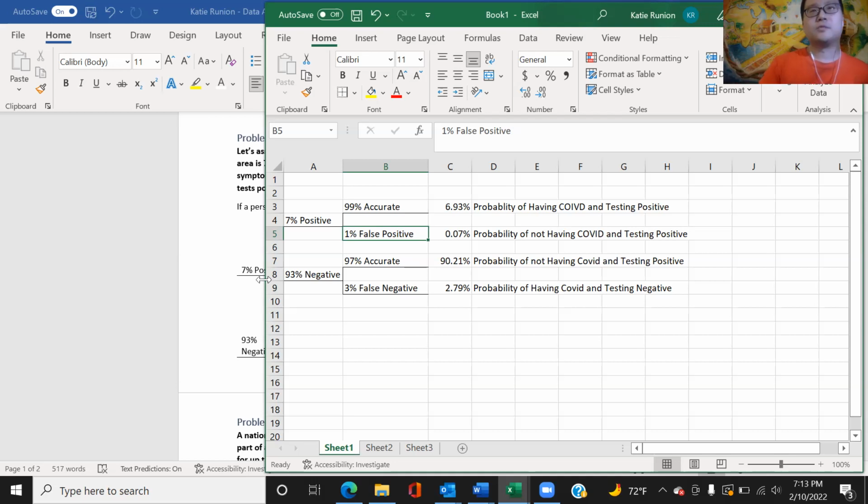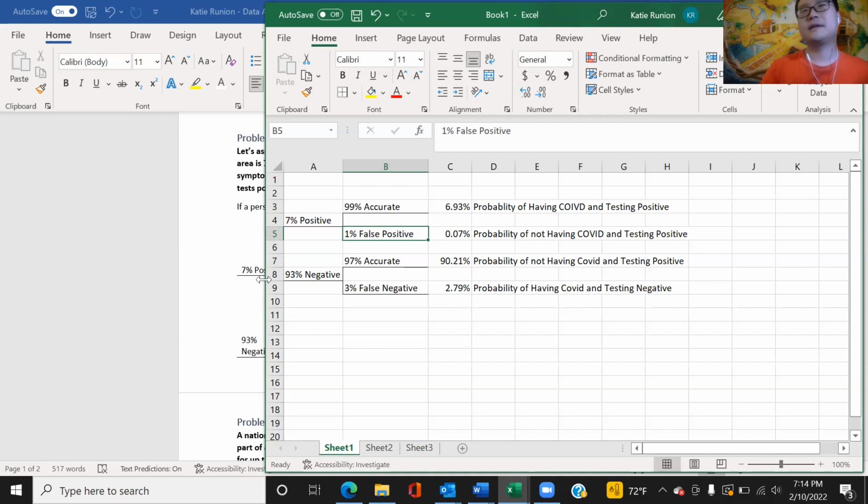On the first row, what we actually wanted to calculate is the true positive rate. Conditional on a person being infected, if a person is infected already, what's the chance we can actually use the test to detect it?